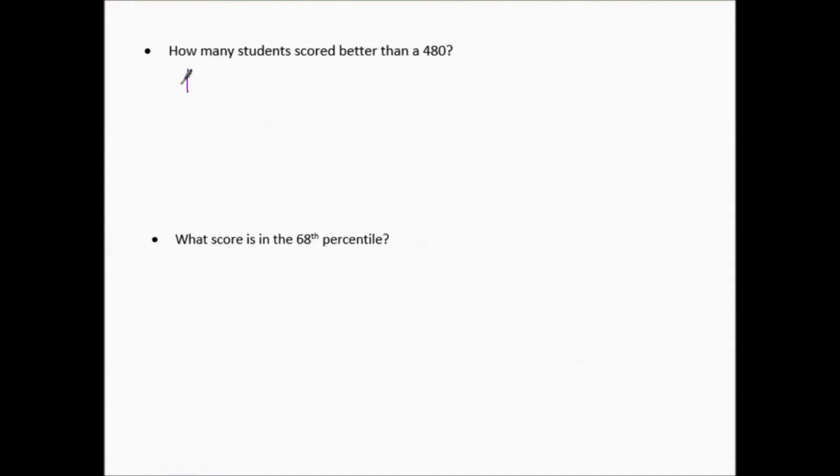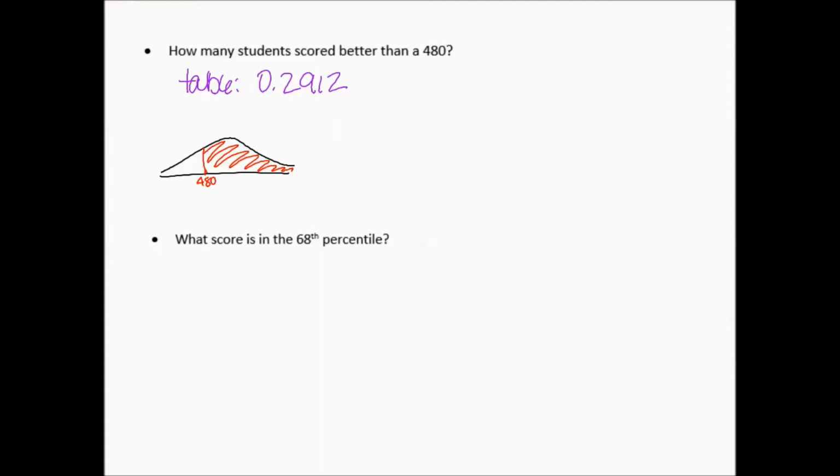I'm going to draw a small sketch of the normal curve. 480 was about here. If we want to know how many students scored better than a 480, that is to the right side of 480 on the normal curve.